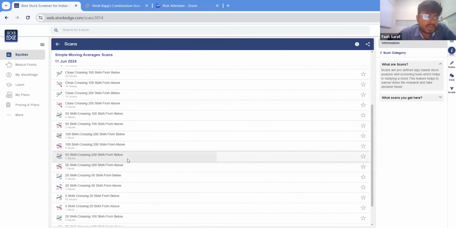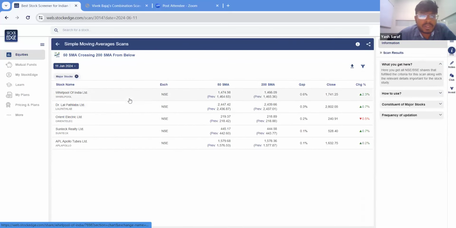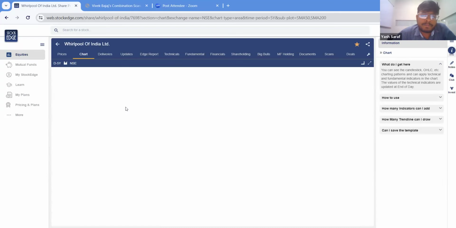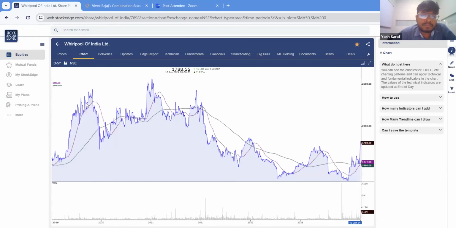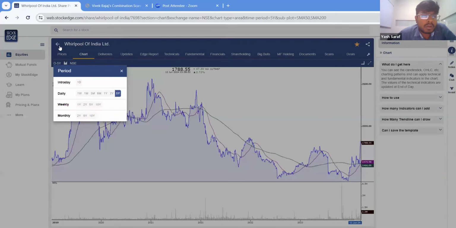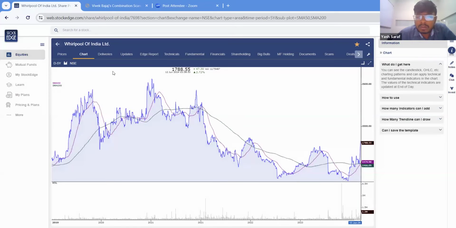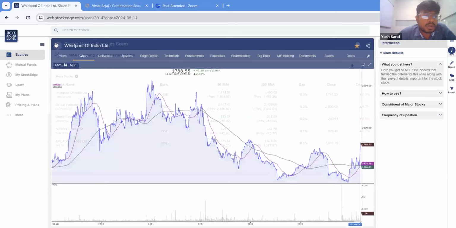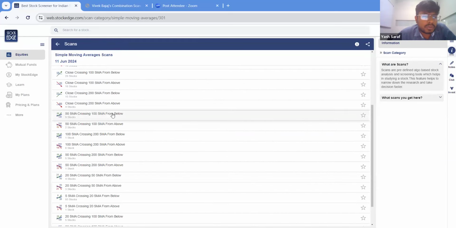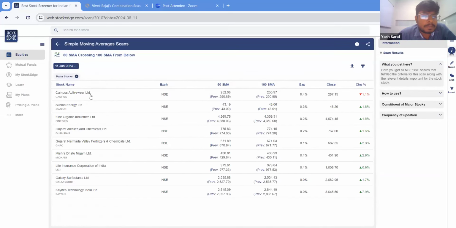I will show you an example of 50 versus 200, which will be very clear. So Whirlpool of India. This won't be a clear thing. Let me show you 50 SMA from 100.